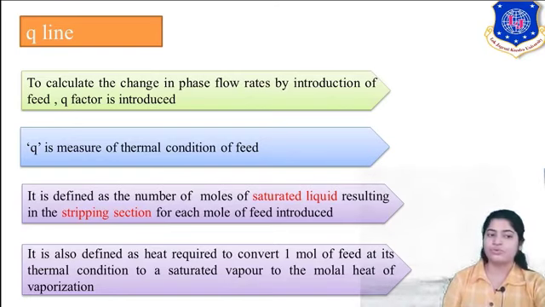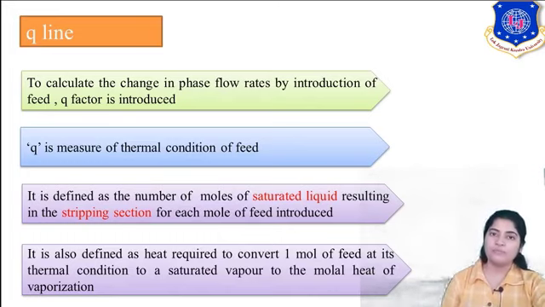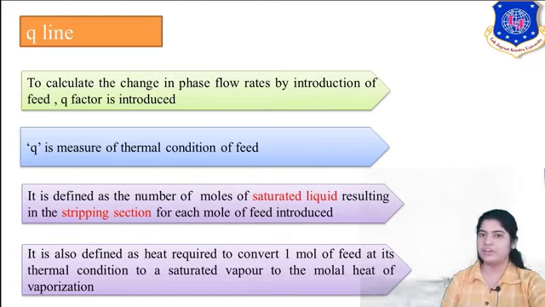Now Q is also defined as the number of moles of saturated liquid resulting in the stripping section for each mole of feed introduced. It is also defined as heat required to convert 1 mole of feed at its thermal condition to a saturated vapor, upon the molar heat of vaporization.